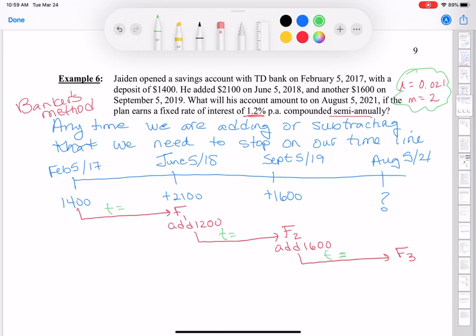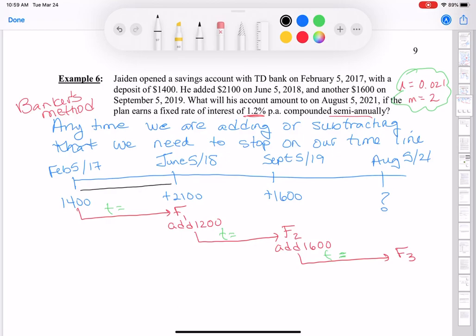All right, so we could start with the time between February 5th, 2017, and June 5th, 2018.